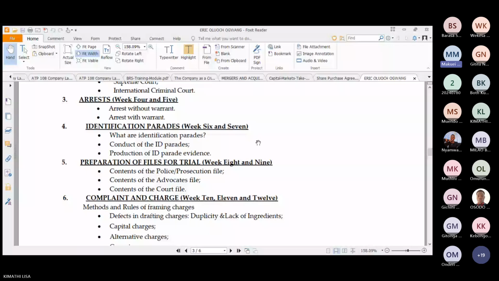So can someone tell me what are the contents of the police file, and what is contained in each sub-file? Anyone? Contents of a police or prosecution file?